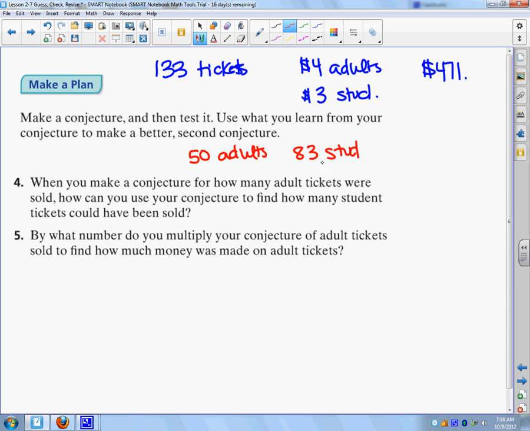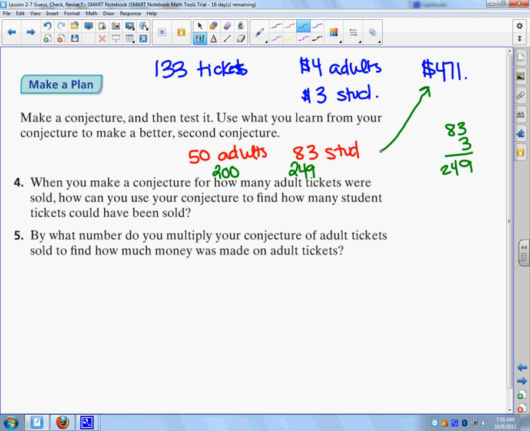So my 50 plus my 83 has to equal 133. So we'll look at it. If adults were $4 a piece, that would be 200 from adults. And then 83 times 3, 3 times 3 is 9, 3 times 8 is 24, so 249. So added together, that would be 449. I'm kind of close to my 471.